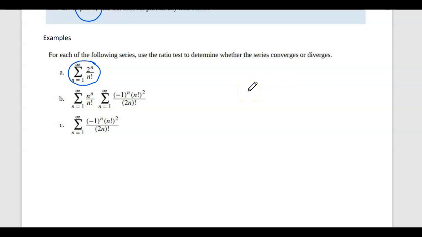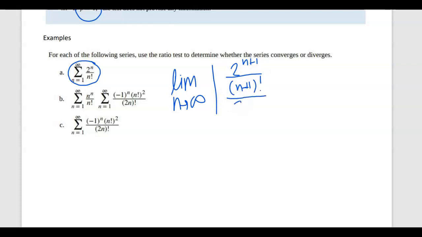we have the limit as n goes to infinity, and then we plug in n plus 1, so 2 to the n plus 1 over n plus 1 factorial, and then we are going to divide that by a sub n.